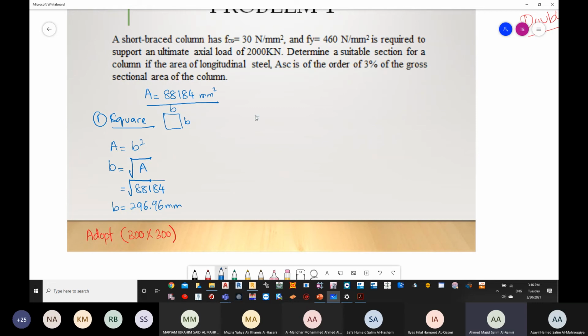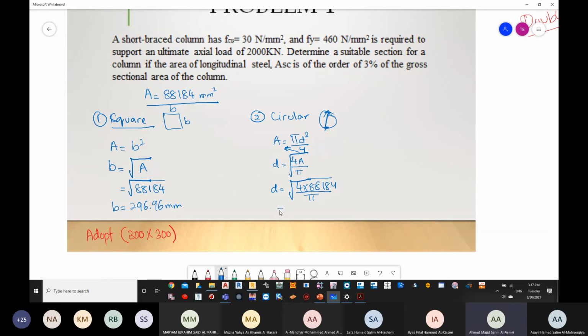Now, what if we are having the second scenario, which is circular? Now, if it's a circle, then you will be having a diameter, right? My area is πd square over 4, where my d is going to be, cross multiplication, 4A divided by π, and the square will go for under root. So we are talking about d equals 4 times 88184 divided by π.